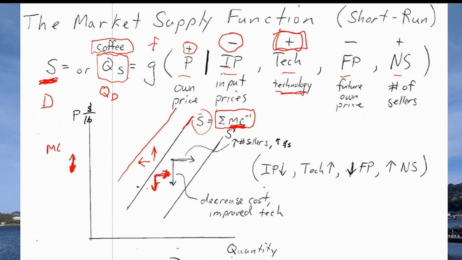So again, we have to constantly remember what's on the horizontal axis, and if we're talking about changes in supply, we're talking about rightward and leftward movements horizontally. And if we're talking about changes in costs, we're talking about movements up or down on the diagram because that's where costs are measured on the vertical axis. Because this supply function here is the quantity supplied, we're measuring it on the horizontal axis.